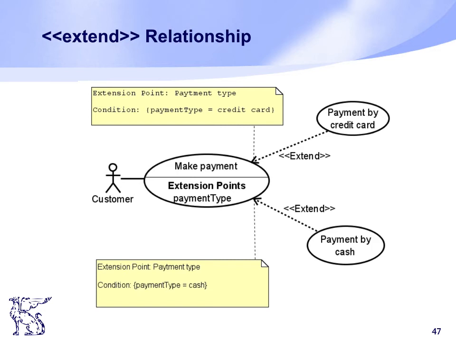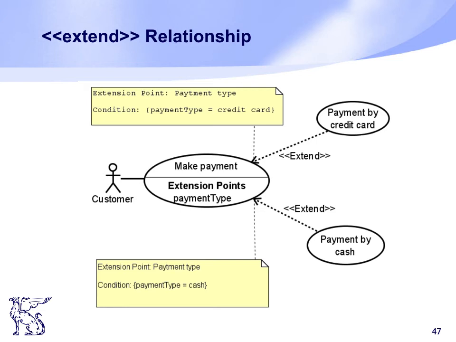This is another example of an extend relationship, where payment by credit card and payment by cash have an extend relationship with the make payment use case. The main thing to remember here is that the base use case, the make payment use case, should be able to perform a function on its own.